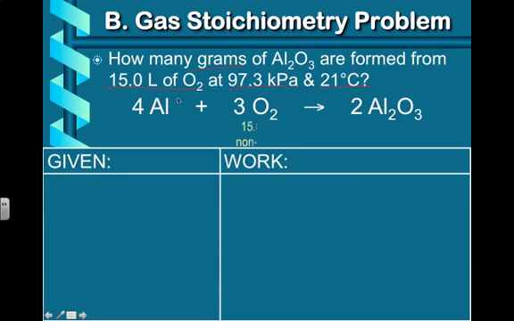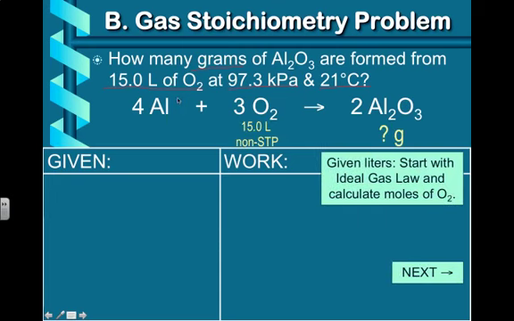I am given liters, so I'm going to start with the ideal gas law and calculate how many moles of O2 I have. Since I'm working with oxygen here, I'm going to get something of oxygen, not a unit of something else.